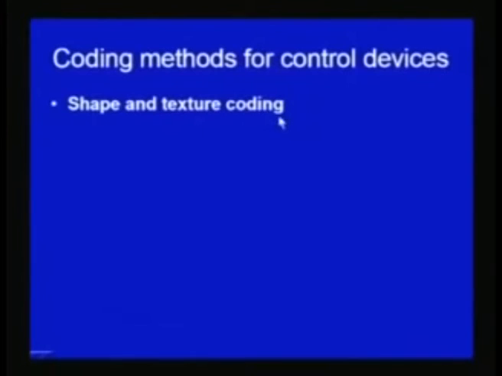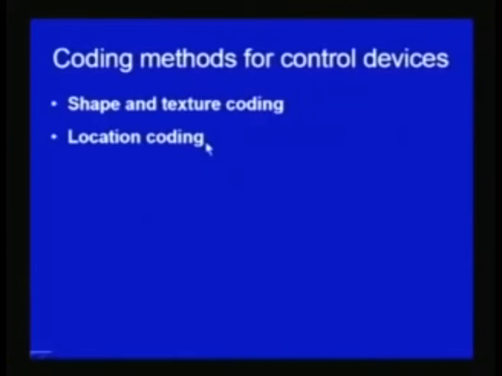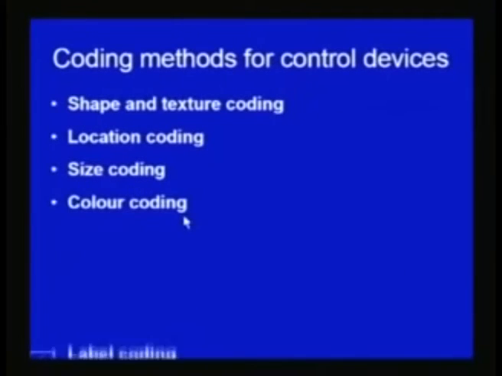Various methods have been developed over a period of time for coding the control devices. Different types of coding methods are there: shape and texture coding, locational coding, size coding, color coding and level coding.